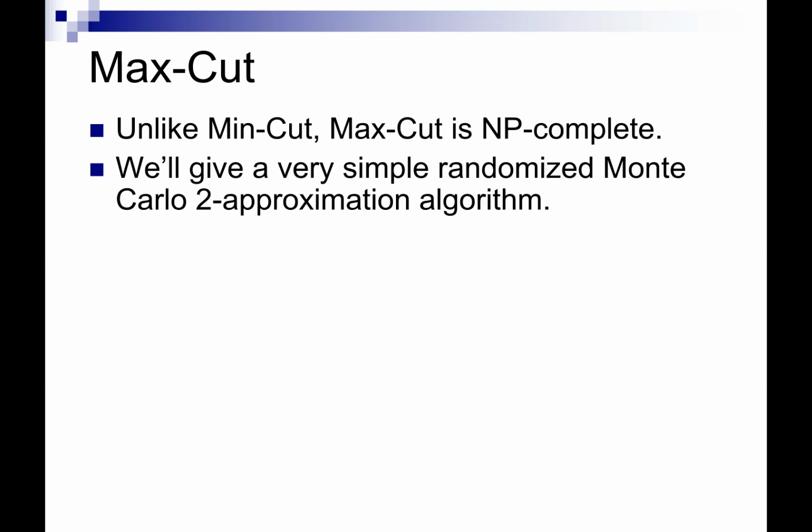It's going to be a Monte Carlo algorithm, a Monte Carlo 2 approximation algorithm. What that means is that in expectation, the algorithm is going to produce an output which is a 2 approximation of the optimal. So again, if the maximum cut is E, then this randomized algorithm is going to produce in expectation a cut which is at least E divided by 2.